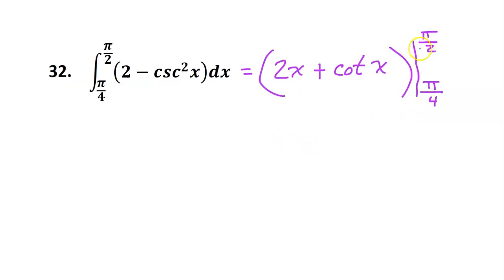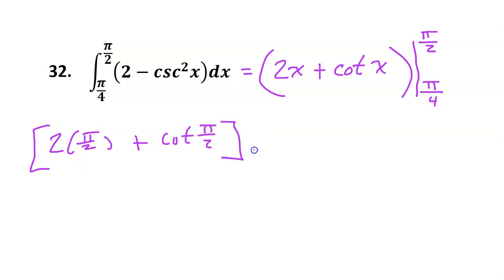So let's start with the upper limit. So we have 2 times pi over 2 plus cotangent of pi over 2. And then we must subtract the value at the lower limit.